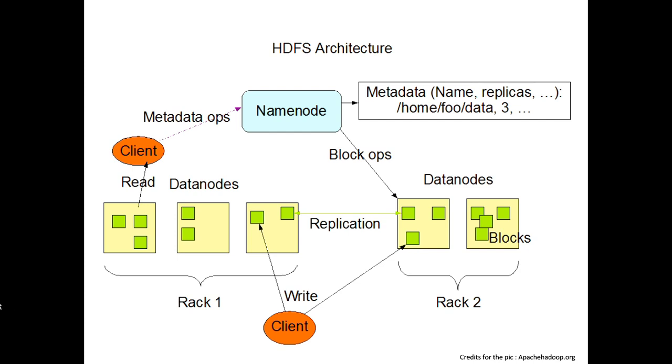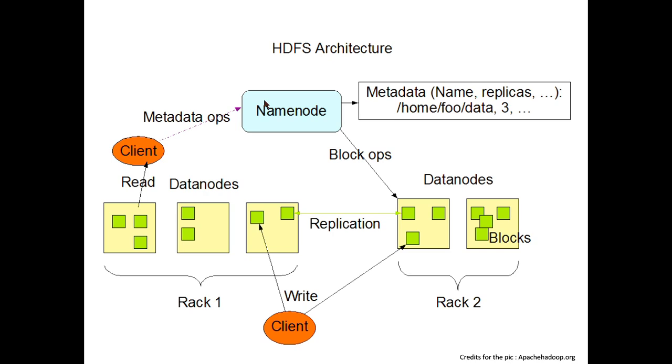So let's begin with name node. So the name node is the heart of HDFS, which is a master in this model. This is also a computer. Let's say this is a master computer of the overall system.